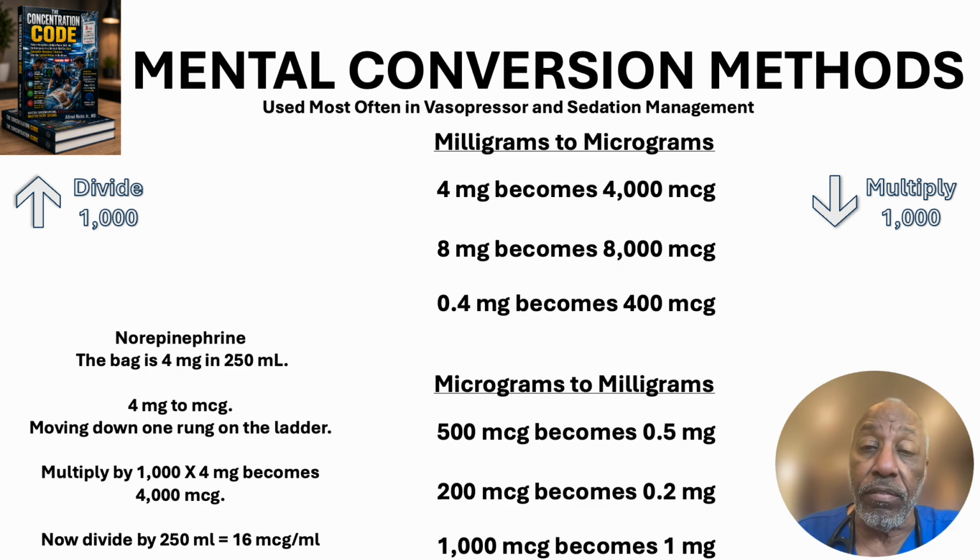Then you ask yourself, does 32 milligrams per hour make sense for a norepinephrine drip? The answer is no. That's far too high. And that sanity check just caught a calculation error before it reached the patient.